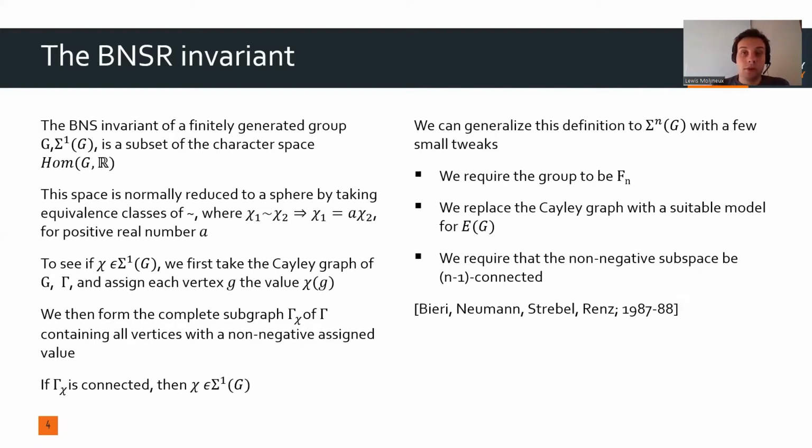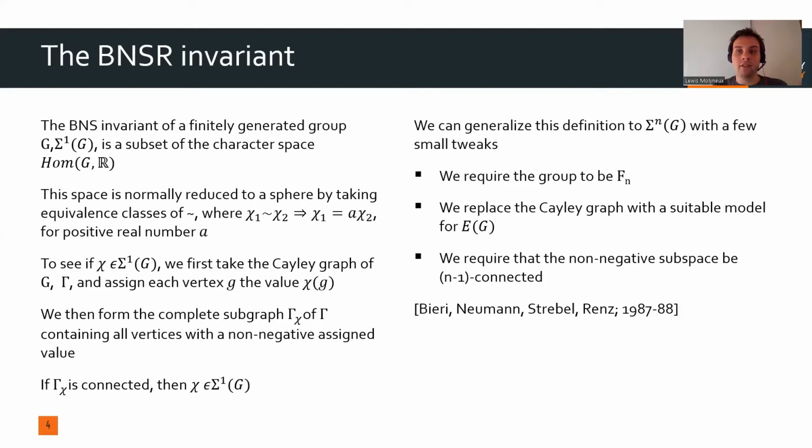So this is going to be what we call a character sphere, and we're going to start with that as our base for the BNSR invariant. Then we're going to calculate whether one of these equivalence classes is in the BNSR invariant by taking the Cayley graph of our group and labeling each vertex according to what value the group element represented by that vertex is assigned by our character.